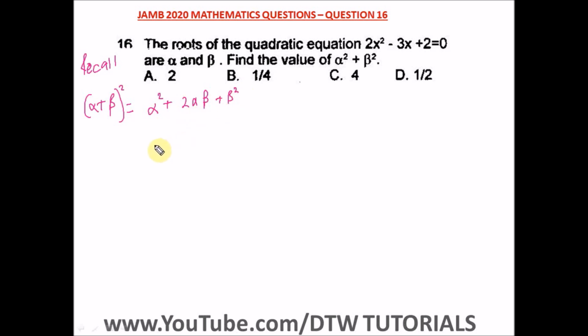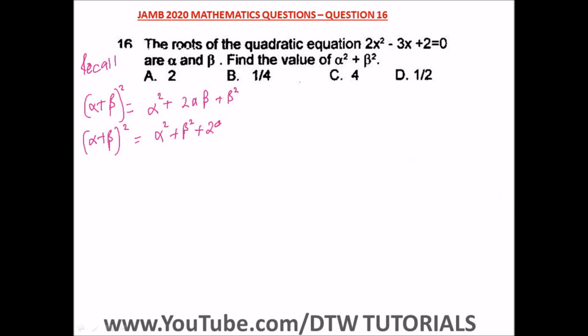And judging from this, you agree with me that if we are to collect like terms of square, alpha plus beta all in square is equals to alpha square plus beta square plus 2 alpha beta.